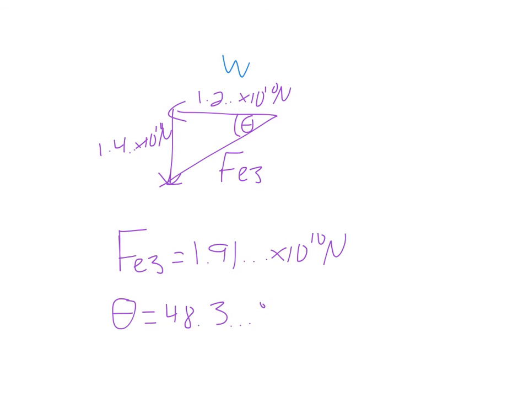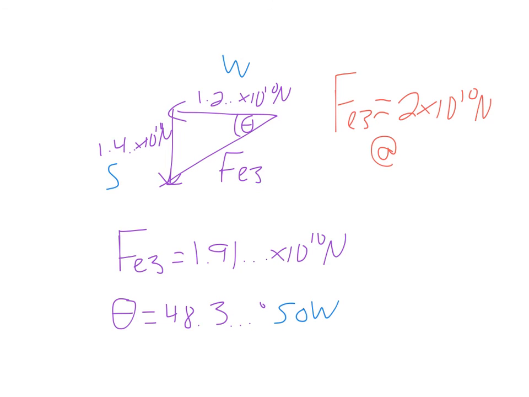This is west, this is south, so this would be south of west. So net force on 3 with 1 sig fig is approximately 2 times 10 to the 10th newtons at 50 degrees south of west.